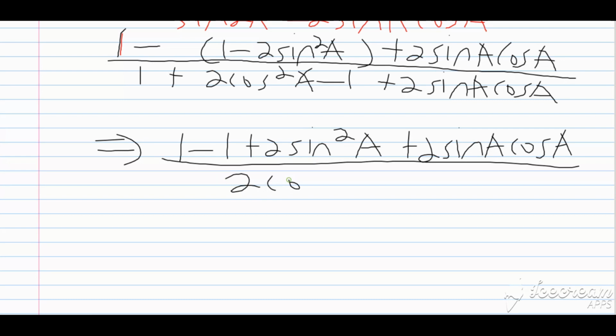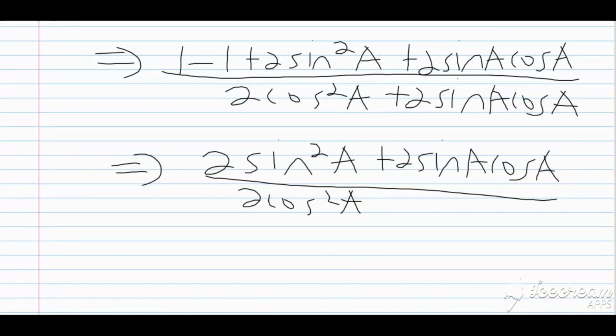So you have 2 cos squared A plus 2 sine A cosine A. So this is going to become 2 sine squared A plus 2 sine A cosine A all over 2 cos squared A plus 2 sine A cosine A.